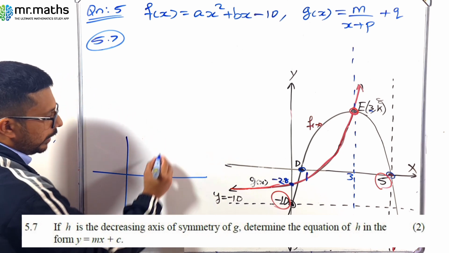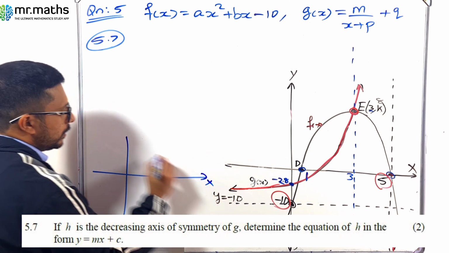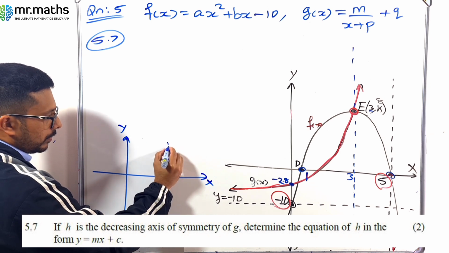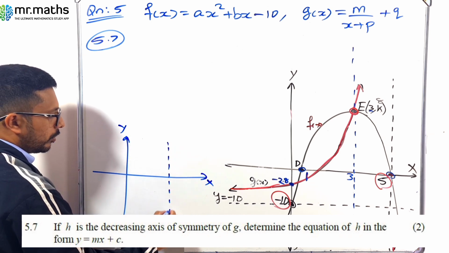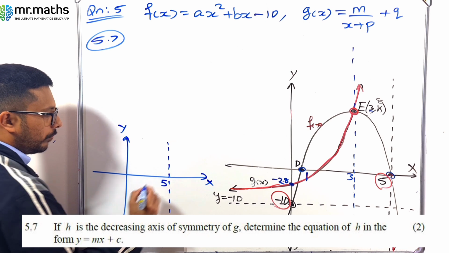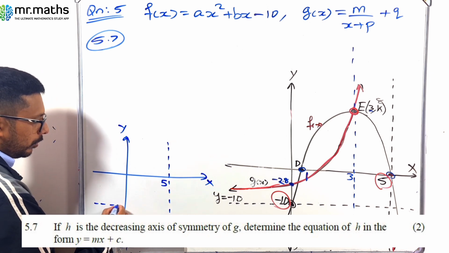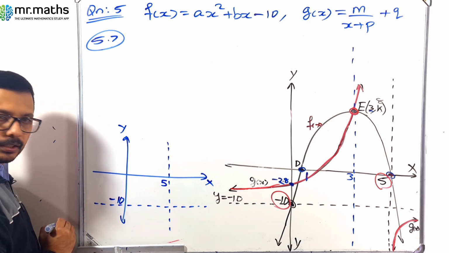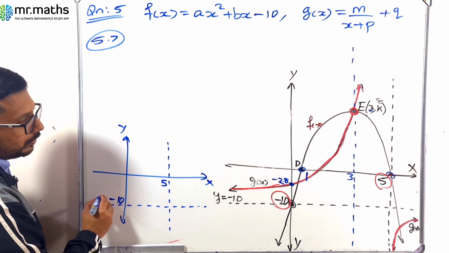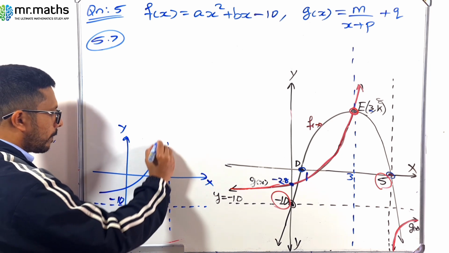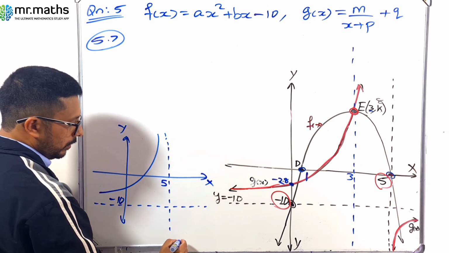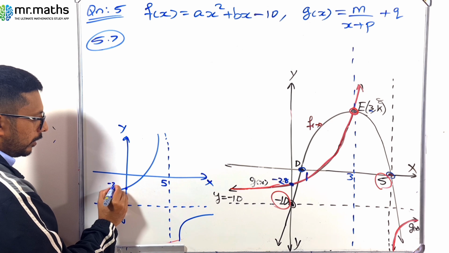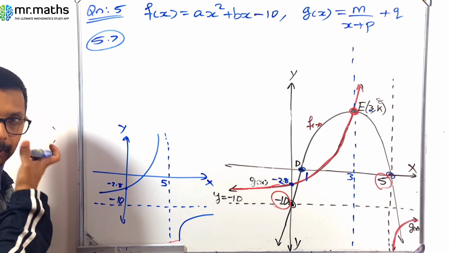Here you can see that this is the x-axis and this one is the y-axis, and this is asymptote 5 and this is another asymptote, minus 10. And the graph is passing like this. And this point we got as minus 2.8, the y-intercept, from the previous question.